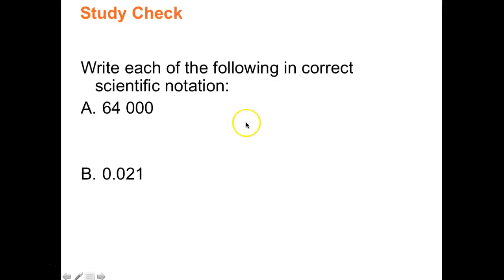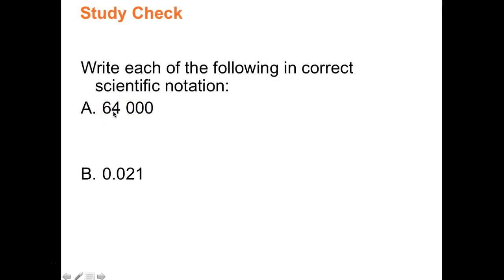So, writing the following in the correct scientific notation. Again, this is a number greater than 1. There's no visible decimal point. So you're going to move the decimal point, even though it's not visible, the decimal point is thought to be here. So you're going to move this 1, 2, 3, and 4 places to the left.